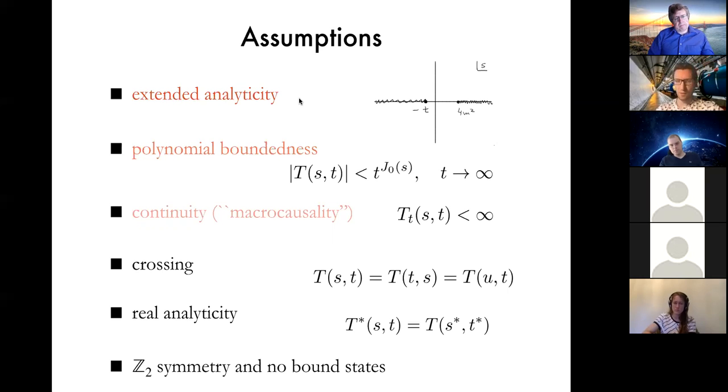I think it's also something very natural, but strictly speaking, all these old theorems that were proved are less powerful than that. Then, as follows from general principles, T of S and T is, in principle, not a function, it's a distribution, because it appears as a boundary value of analytic functions.